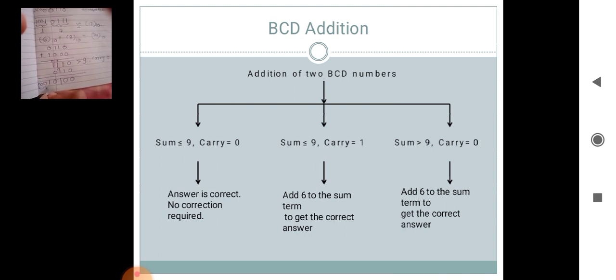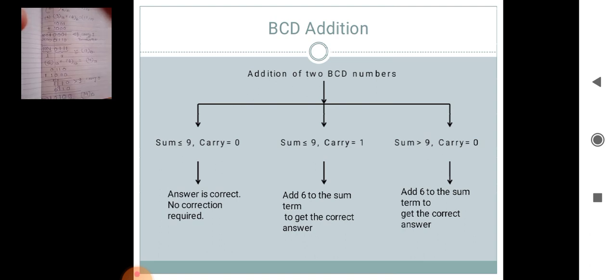So this is your 1, this is your 4. That means it is equivalent to 14 decimal. That means we are getting the correct answer with the help of BCD addition also. So this is your third case rule we have applied here to get the correct BCD answer.